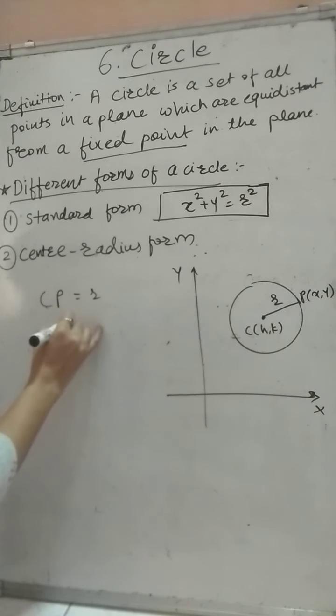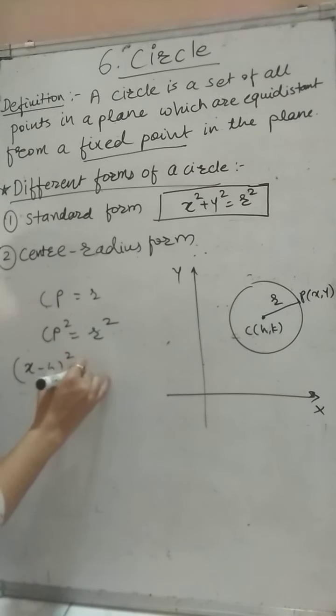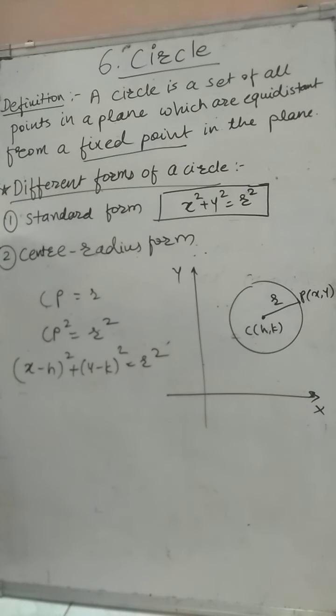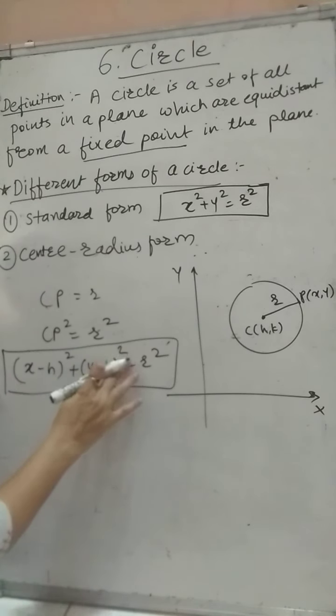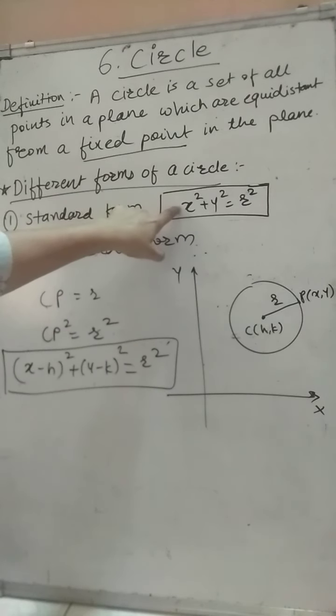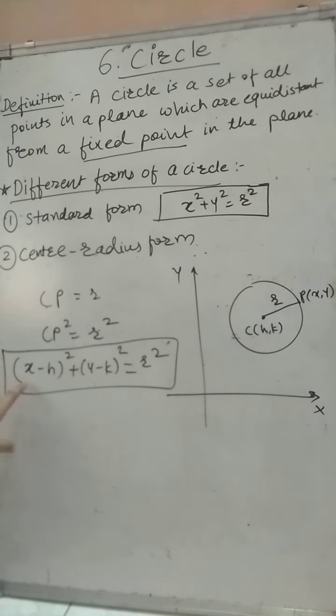Again using the distance formula, we get (x minus h) whole square plus (y minus k) whole square is equal to r square, and this is the center radius form. These two are important forms. Standard form: x square plus y square equal to r square. Center radius form: (x minus h) square plus (y minus k) square is equal to r square.